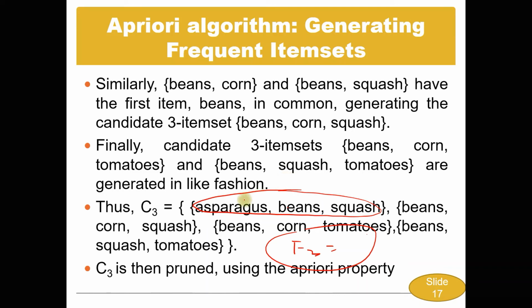In other words, I would not have to derive any of the rules regarding these 3. Let's try to see if any 2 possibilities here, like asparagus bean, asparagus squash, and bean squash. Let's have a look if any of them were not frequent. If this is the case, then we are going to disregard any rules that can come from these 3 in one go. So asparagus bean, bean squash, asparagus squash.